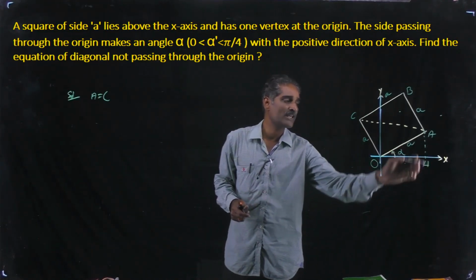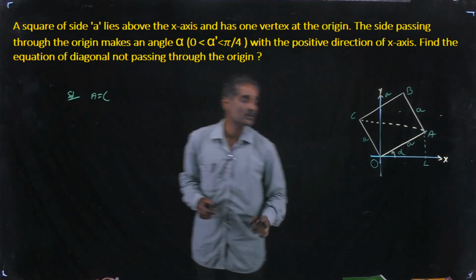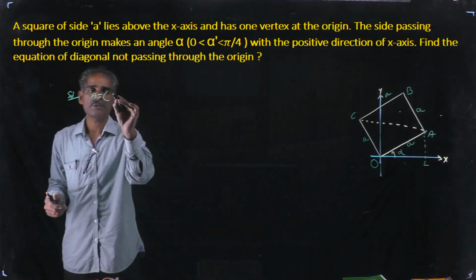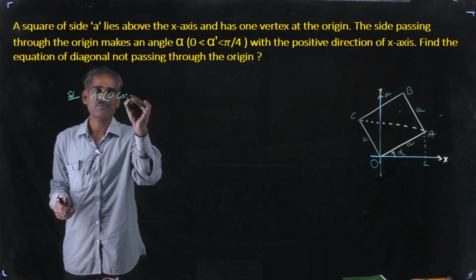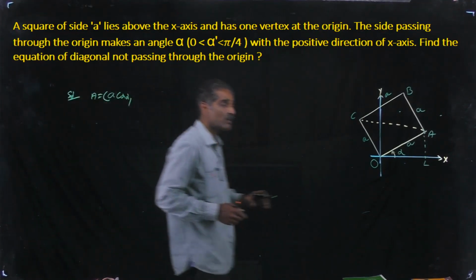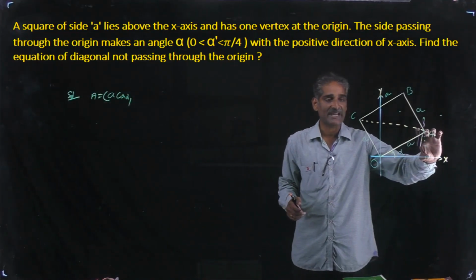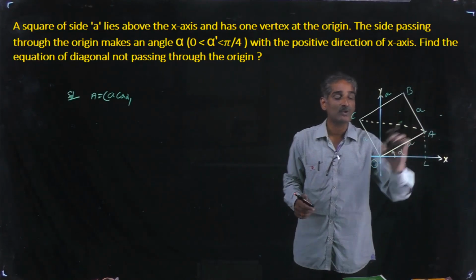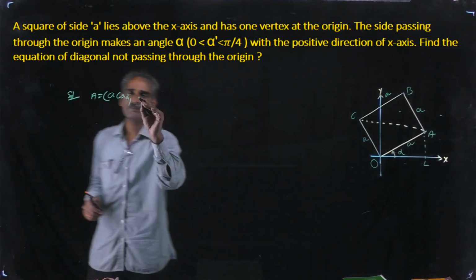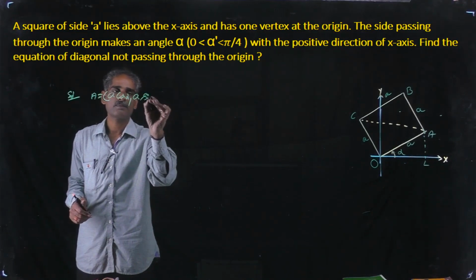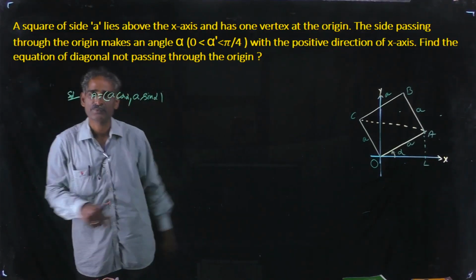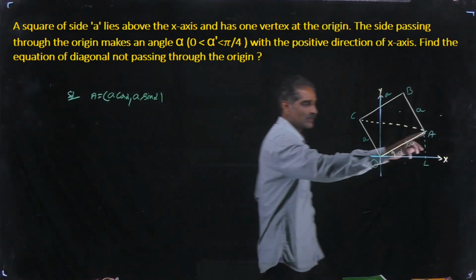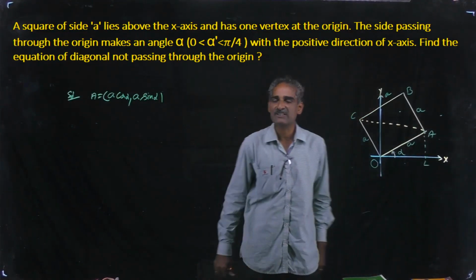Then the x coordinate is A cos alpha, and the y coordinate is the opposite side, this height. Sin alpha equal to AL by A, so AL equal to A sin alpha. So the coordinates of A are (A cos alpha, A sin alpha).